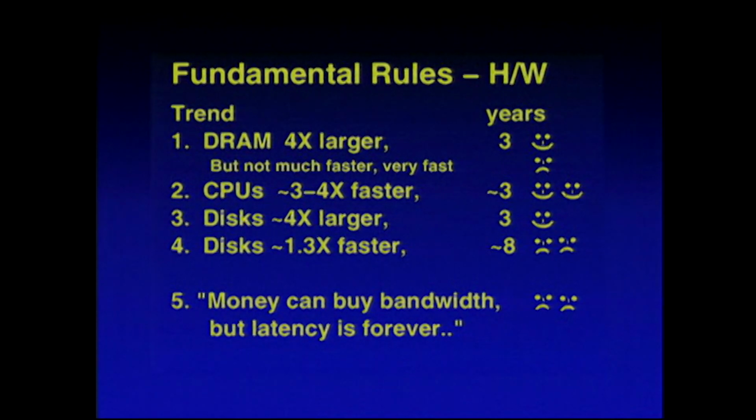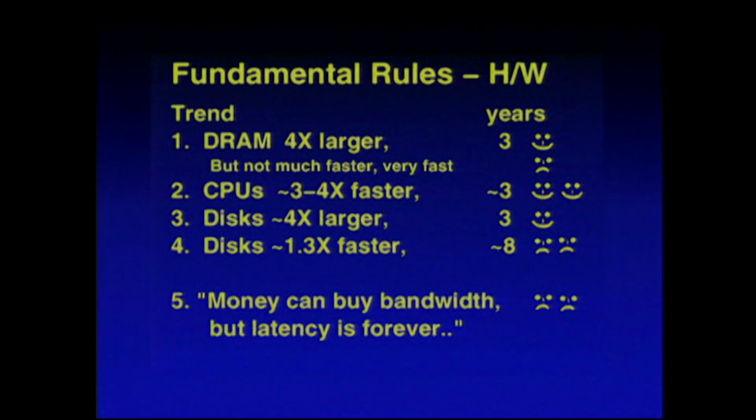Now, CPUs themselves are getting about 3 or 4 times faster about every 4 years. It's less regular than the DRAM technology, which is very strongly driven by the chip technology. CPU performance has things like compiler technology and which benchmarks you happen to believe and so forth, so it's a little more complicated.